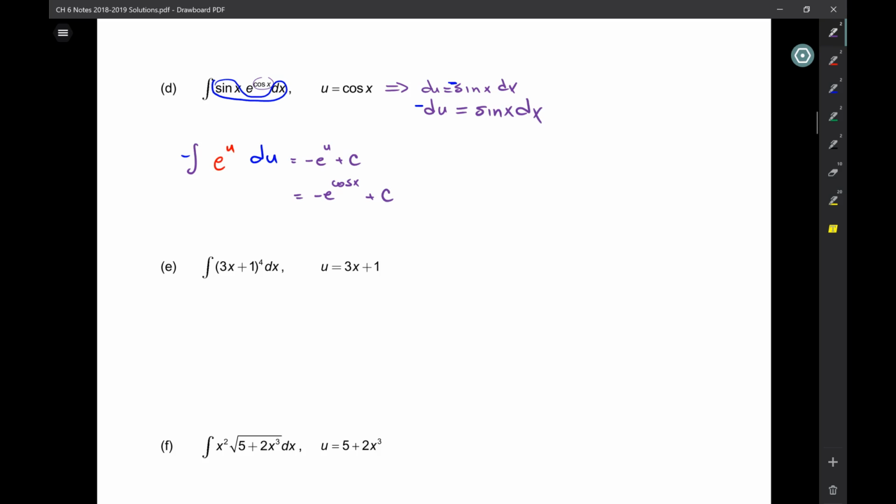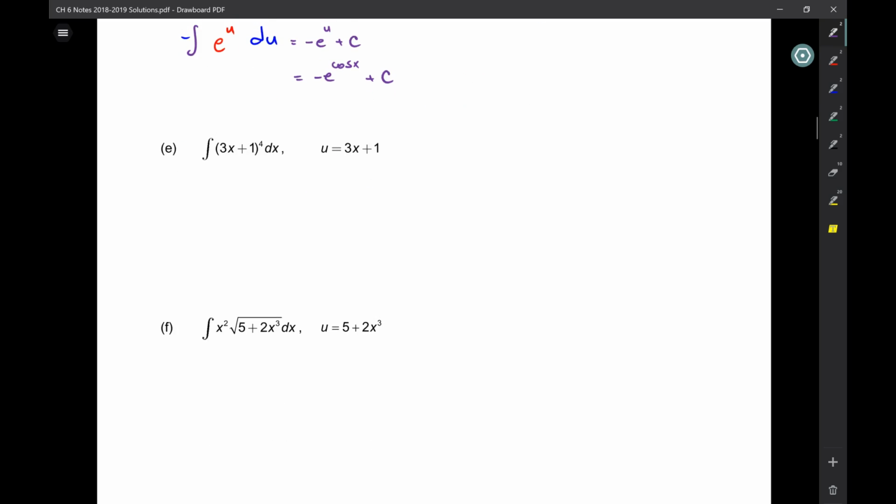Okay? All right. So let's do this one. This one's similar to what we just did. Okay. Again, I have something to the power of 4. The inside function is 3x plus 1. So that's u. That means du is 3 dx. Okay?